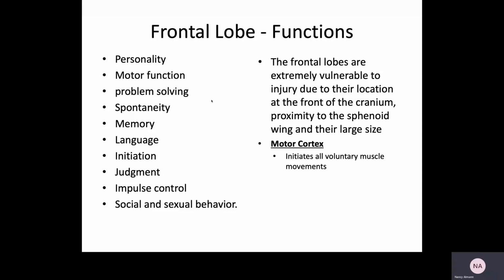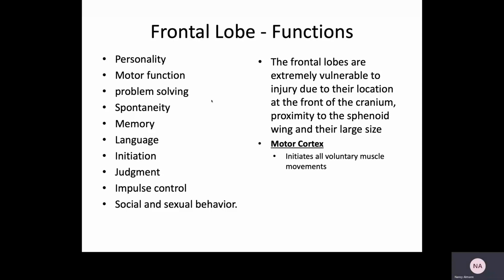Remember that the motor cortex, which is located in the precentral gyrus, is within the frontal lobe. That is going to initiate all voluntary muscle movements. Let me repeat that. The motor cortex, which is housed within the precentral gyrus, initiates all voluntary muscle movements. So every time you move a skeletal muscle, it starts there.